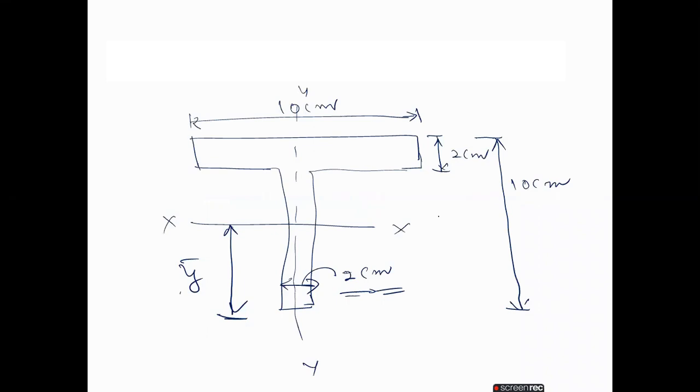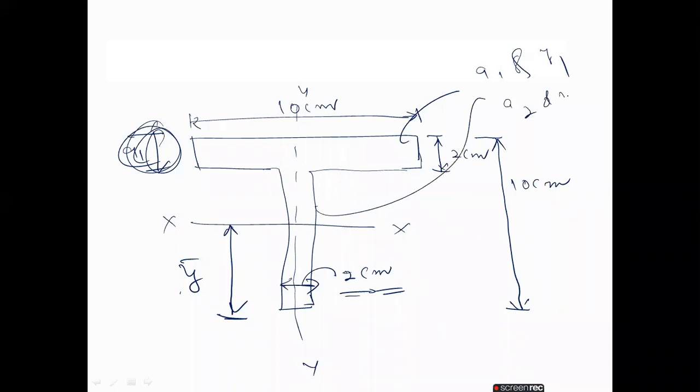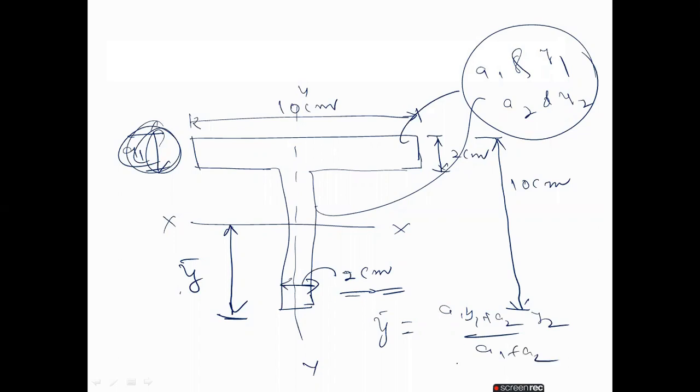Before going to that, I will explain. First we have to calculate A1, that is for the flange, along with Y1, and for the web A2 as well as Y2. By using these, we will calculate with the formula A1 Y1 plus A2 Y2 by A1 plus A2. This is the formula for calculation of Y bar.